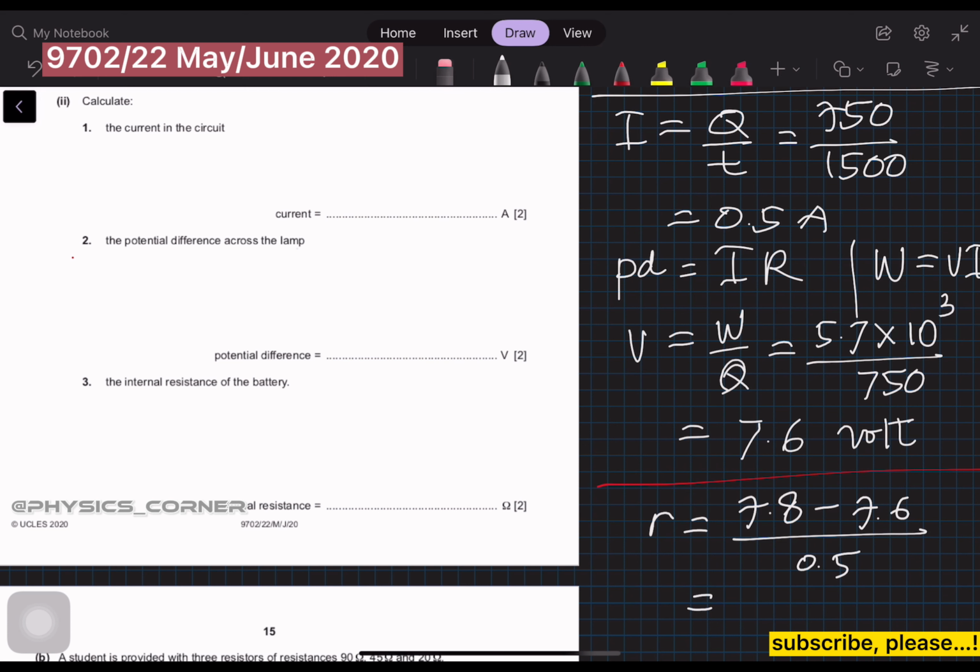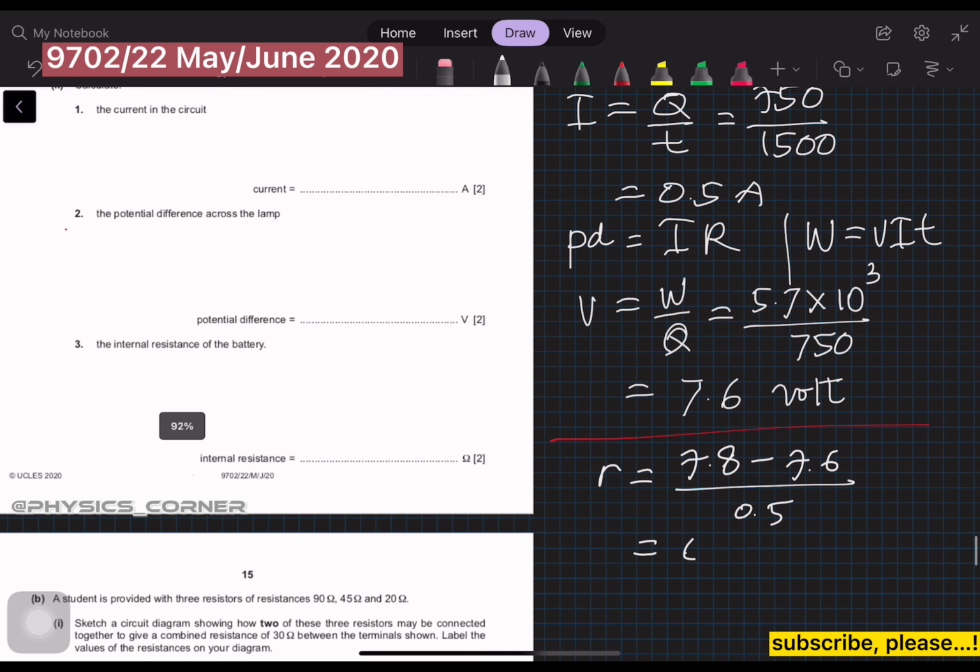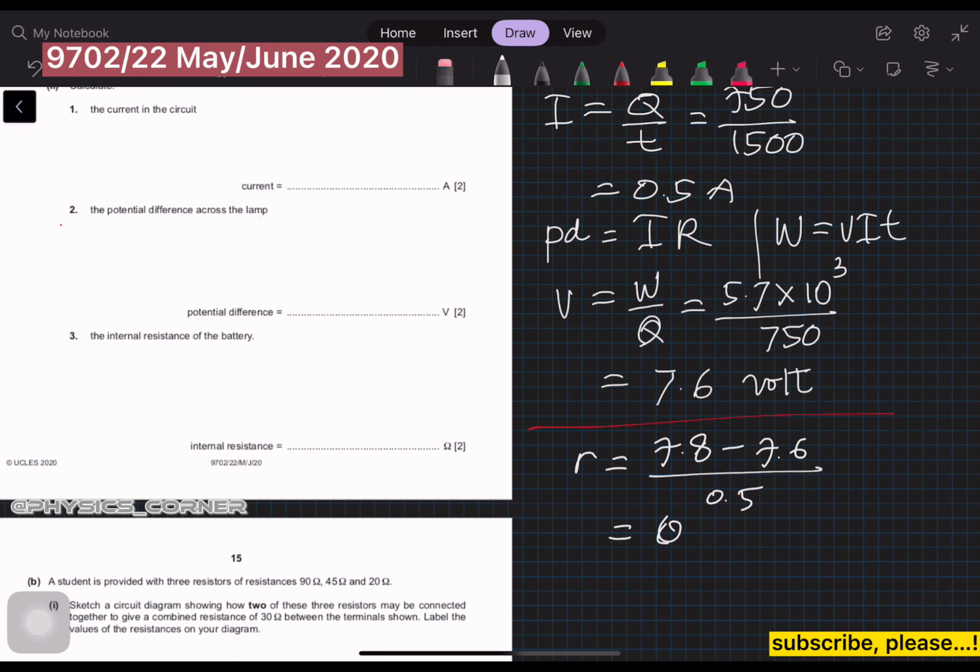So this is 0.2 divided by 0.5, 2 over 5, 0.4. 0.4 ohms. Yeah. That's it, done.